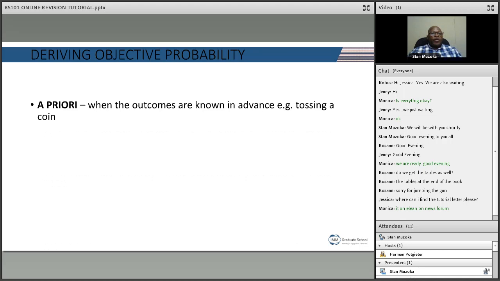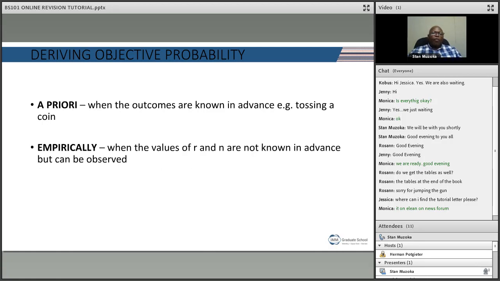Having got the notation, we can derive objective probabilities, and we can do it a priori, where the outcomes of that particular event are known in advance. For instance, tossing a coin, it's either a head or a tail, therefore we know that the probability of a head is 0.5. Empirically, we go out there, we do our surveys, we get our observations, and we do our calculations, and we can say, oh yeah, the chances of someone walking by and entering our shop to buy is this.